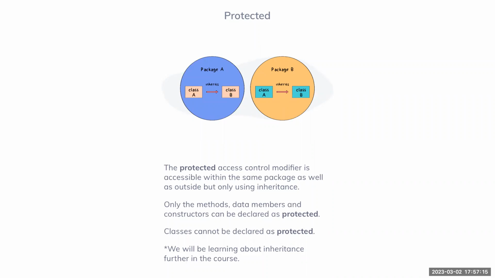If you declare a protected data member, it will be available in your child class. Let's say now on the top you see package A. In package A there is a class A and class B.